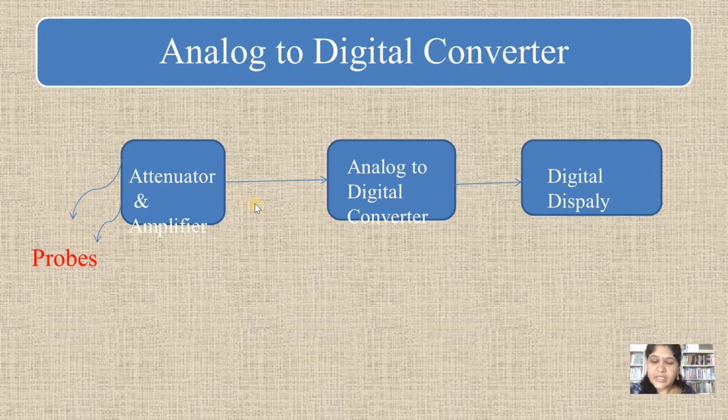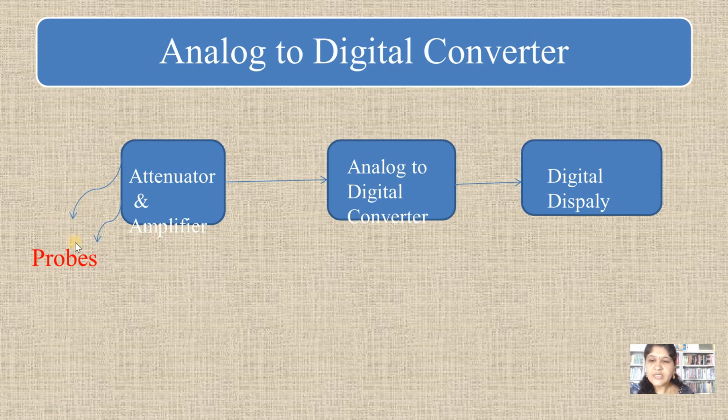Now we can read the number of pulses in that train, which will be equal to the input signal voltage. So here the digital voltmeter can be replaced by the A to D converter. Here we have the probes, the attenuator and the amplifier.